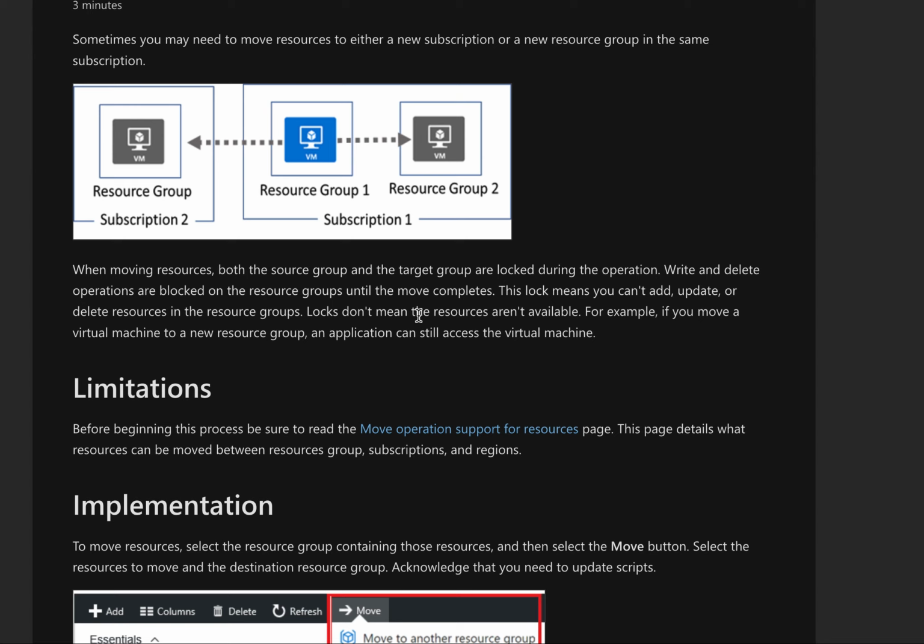Okay, so this lock means you can't add, update, or delete resources in the resource groups, like what we just discussed. Locks don't mean the resources aren't available. For example, if you move a virtual machine to a new resource group, an application can still access the virtual machine.